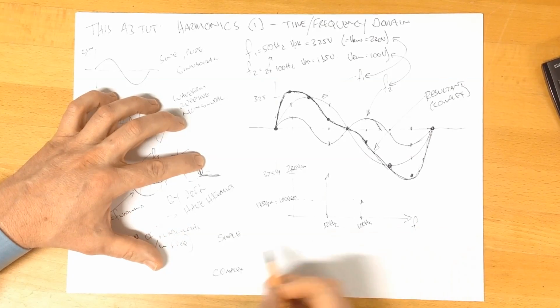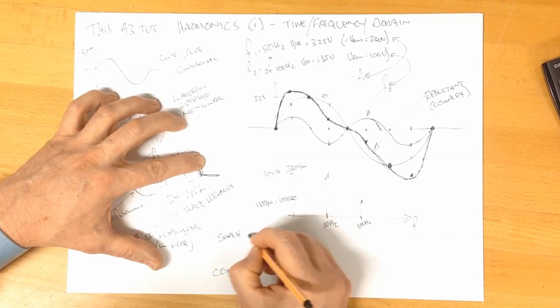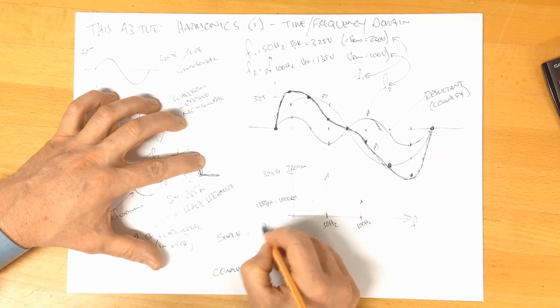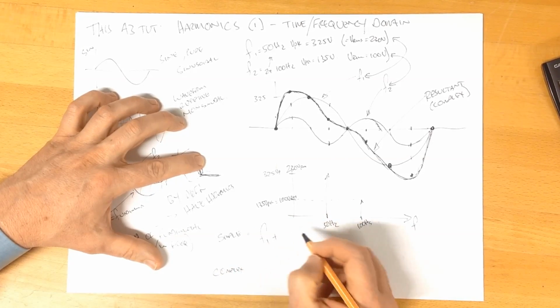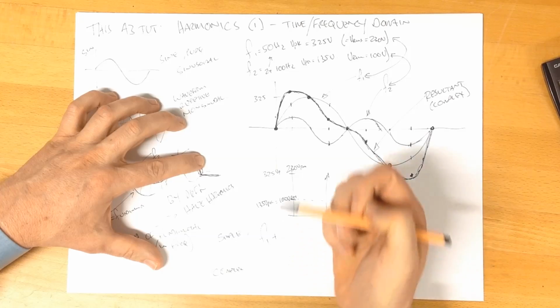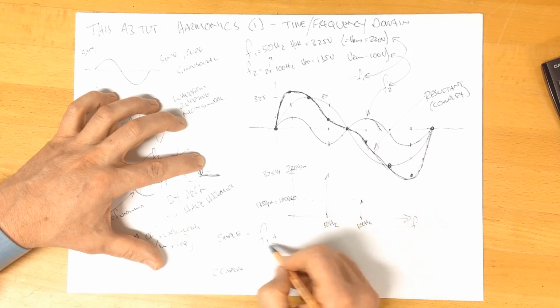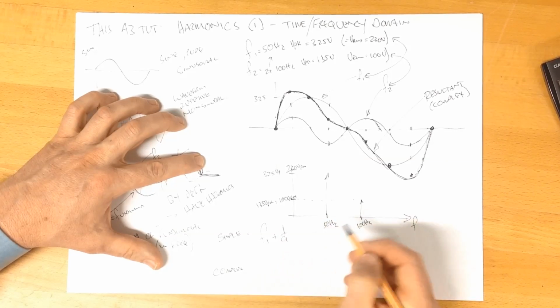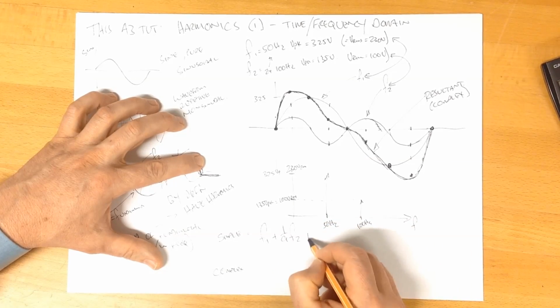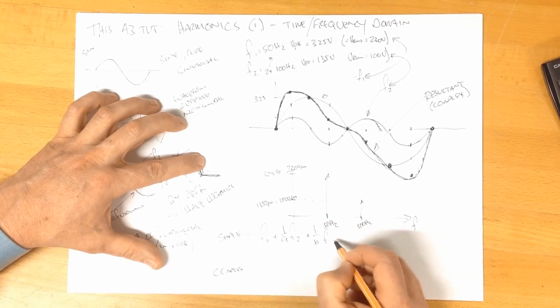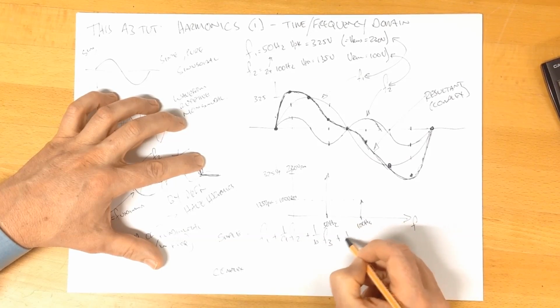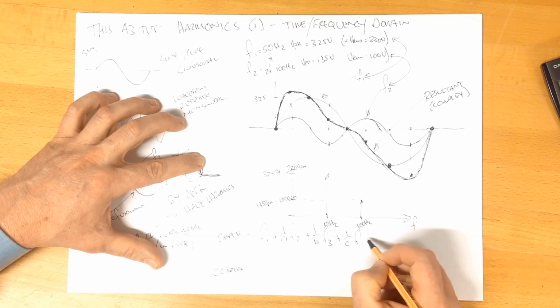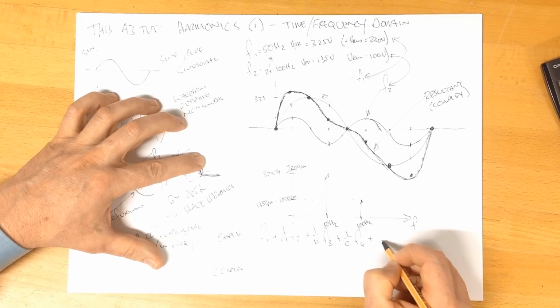The simple way would say something like the fundamental plus a percentage of the fundamental at whatever harmonic. So we would say over whatever of the second harmonic plus whatever of the third harmonic plus whatever of the fourth harmonic, and so on.